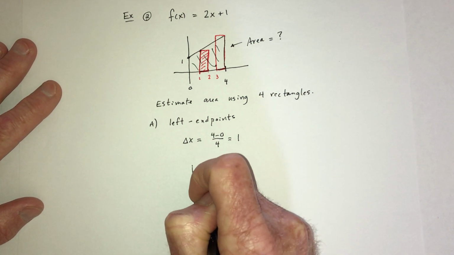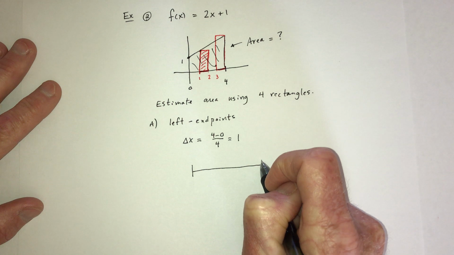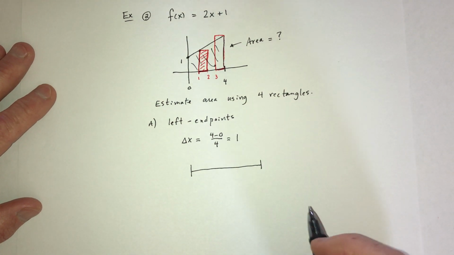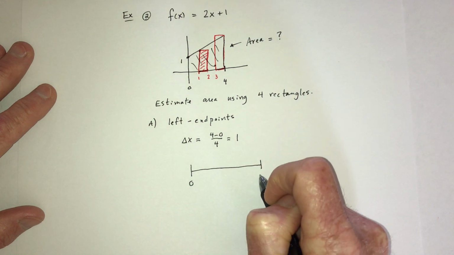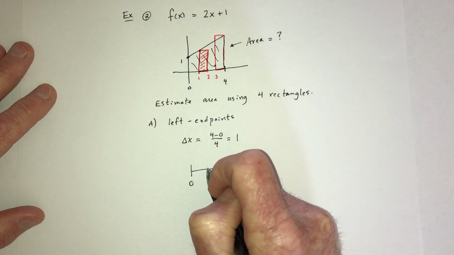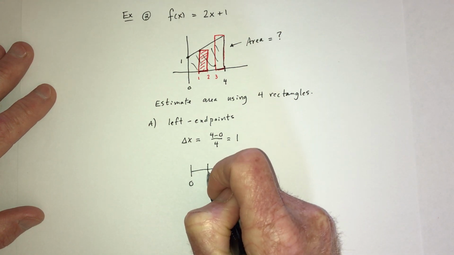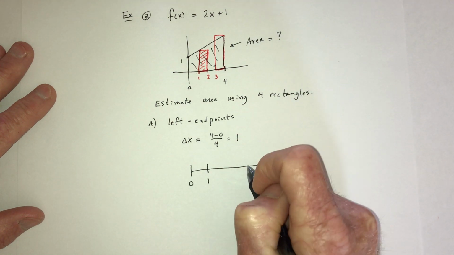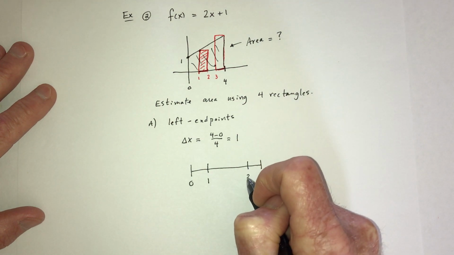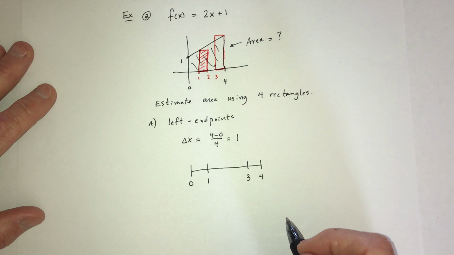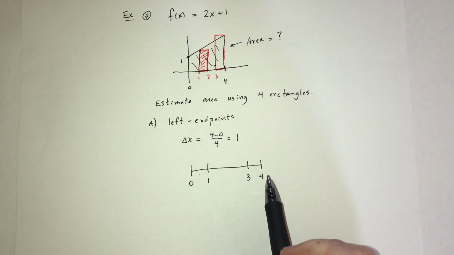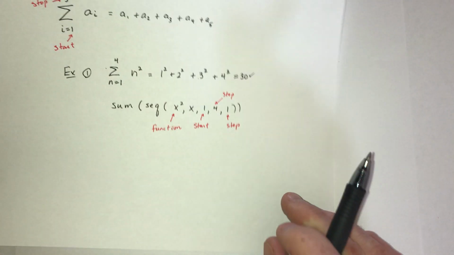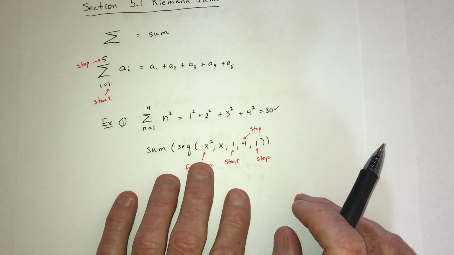Now, like I was just saying, you don't have to draw the whole thing. You can just draw the x-axis. So the x-axis is going to go from 0 to 4. The first interval is going to go from 0 to 1. And the last interval is going to go from 3 to 4. And the reason that we only need the first one and the last one is because of our friend right here, sum sequence.